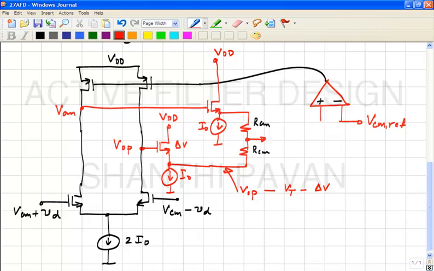Similarly, what is this source potential? If VOM and VOP are the same, in other words, there is no differential output, then the quiescent voltage at both the sources will be the same, and it will be equal to VOP minus Vt minus delta V. So what will be the detected common mode voltage?